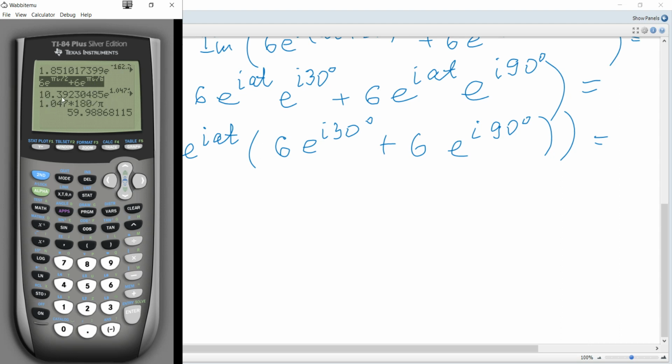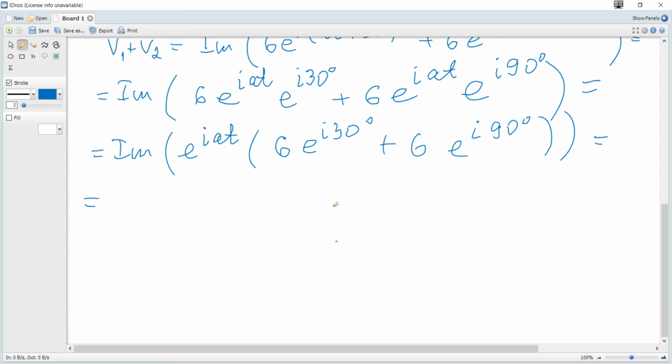It's 10.4 to 3 significant figures, e to the power of something i, and it's the argument in radians. To convert to degrees, just multiply by 180 and divide by pi, and we can see 60.0 degrees to 3 significant figures, or since it is given to 2 significant figures, we can write just 60 degrees.